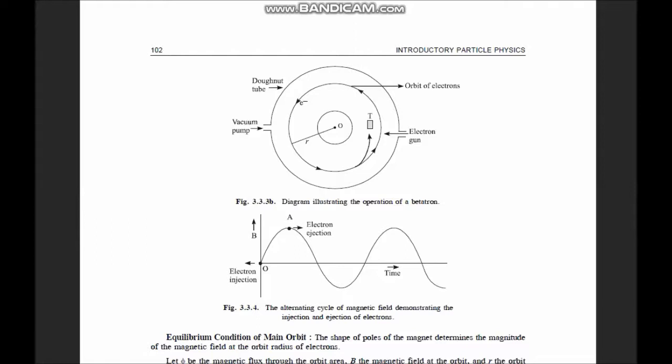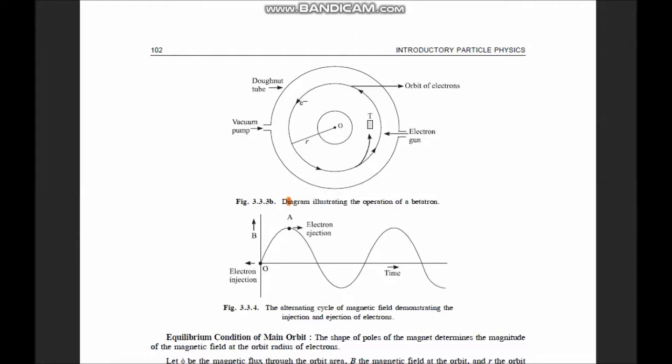They should all have the proper magnetic field, and the electron gets accelerated only during 1/4 of the alternating current cycle. This alternating current is given to create a time varying magnetic field. In that time varying magnetic field, only 1/4 of the cycle is used to accelerate the electrons. But during only this much time, electrons make so many revolutions in that donut shaped chamber that they get accelerated.